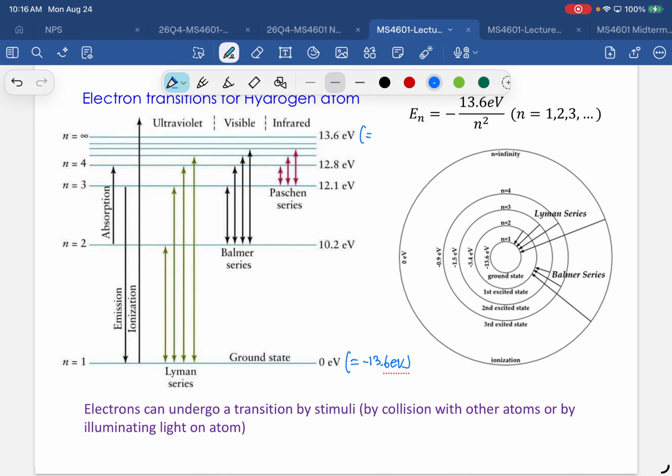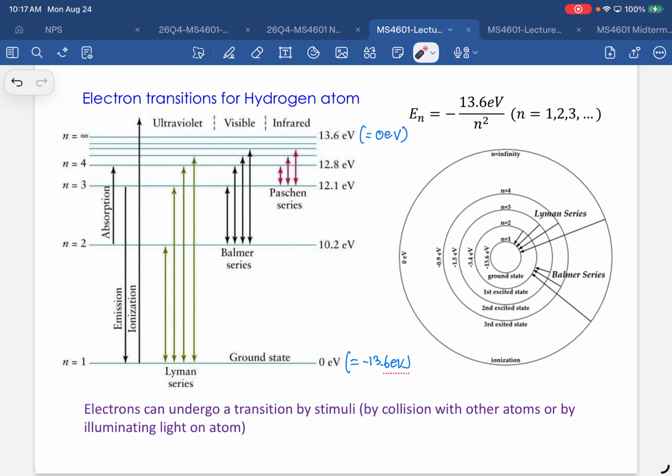We are just taking different references. This is the ground state, the lowest energy, and the next available energy is this one, and it keeps going on. When n is infinity, it is essentially 0 electron volt, or if we take the ground state as 0 electron volt, the maximum is 13.6.